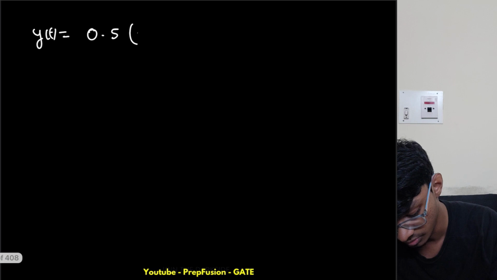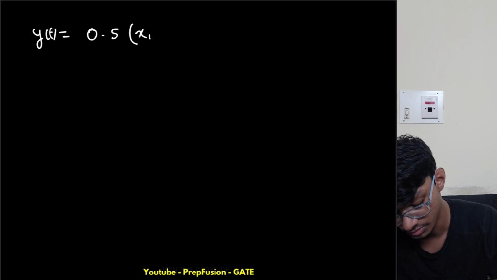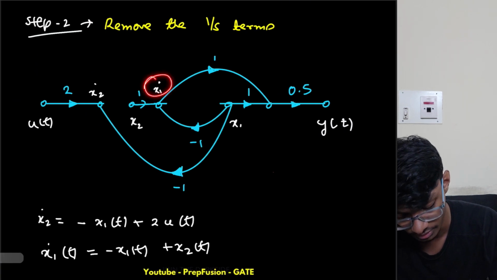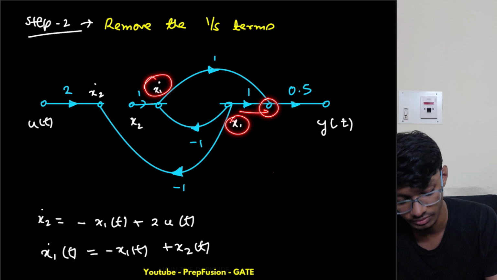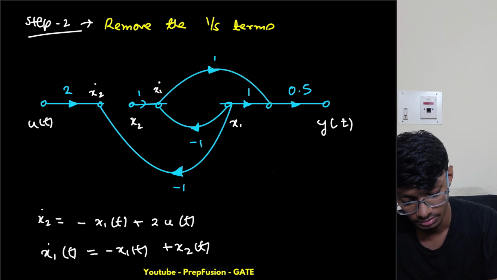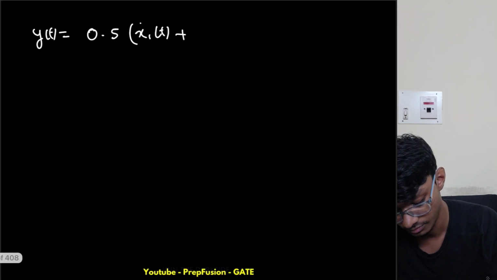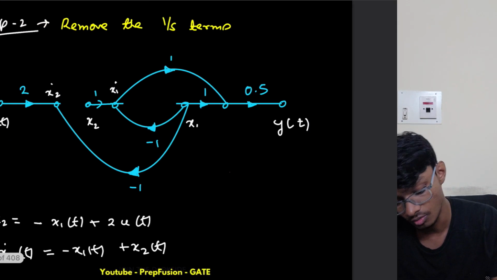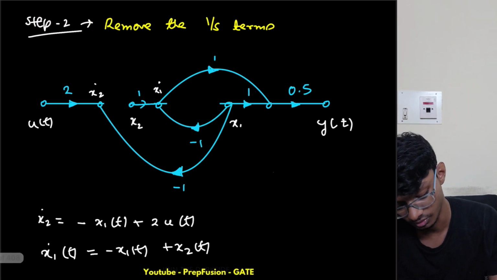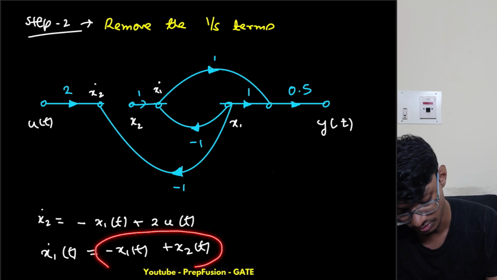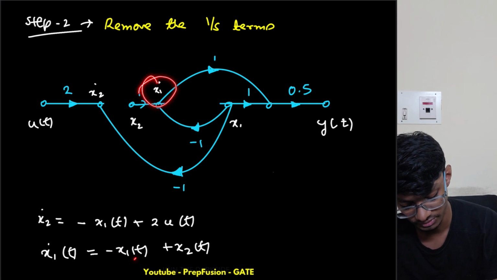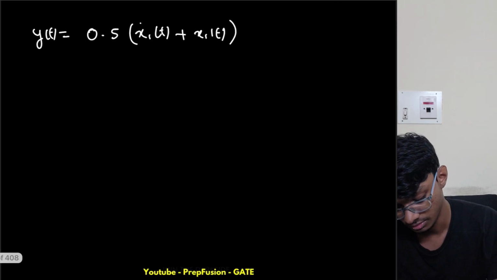So this will be x1 dot of t, and this is x1. At this point the value is x1 dot of t plus x1, so x1 of t into 0.5. Now what is the value of x1 dot of t? It is minus x1 plus x2. That's why it was mistaken. So x1 dot of t I can replace with minus x1 plus x2.